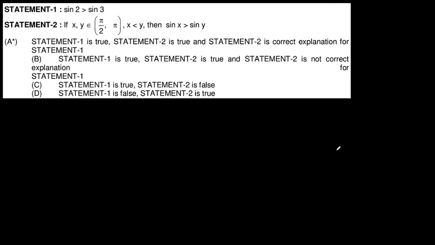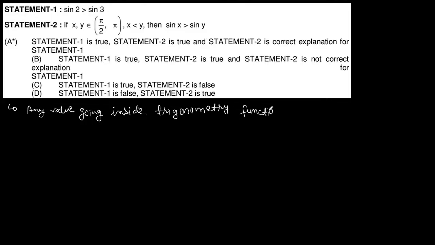अब ये क्वेश्चन है, ये भी क्लियरली ग्राफ बेस्ड ही है। बोल रहा है कि sin 2, तो ये होगा कि साइन के अंदर जाने वाला कुछ वैल्यू अगर इंटीजर है तो any value going inside trigonometry function is in radian.